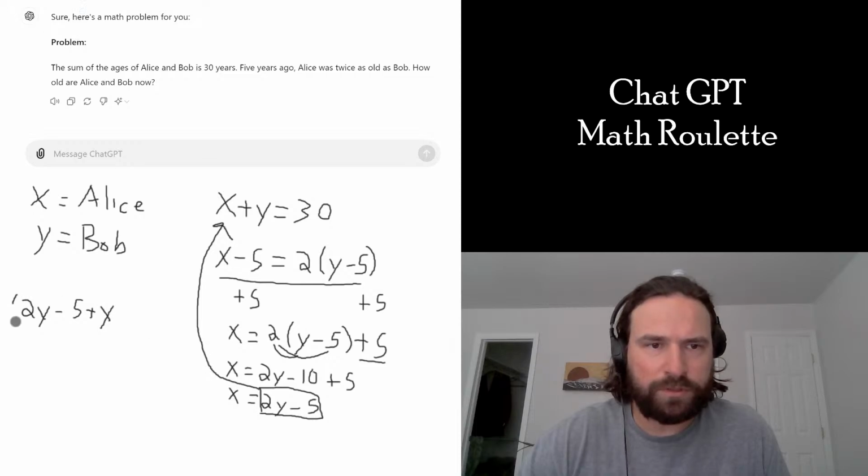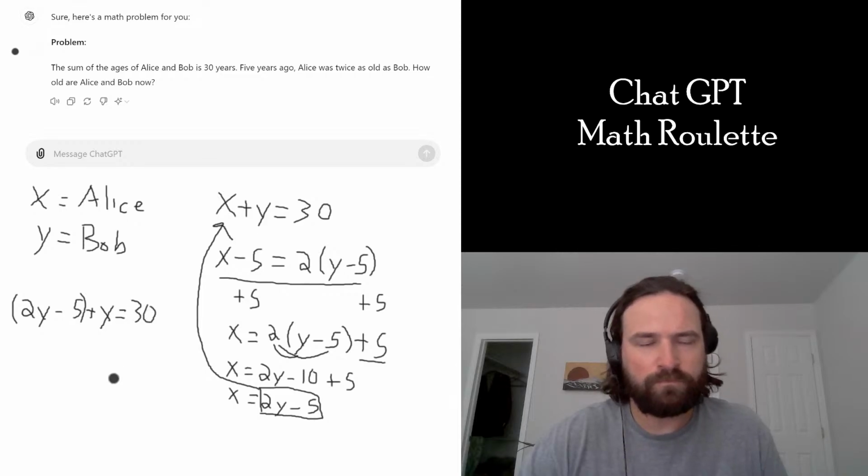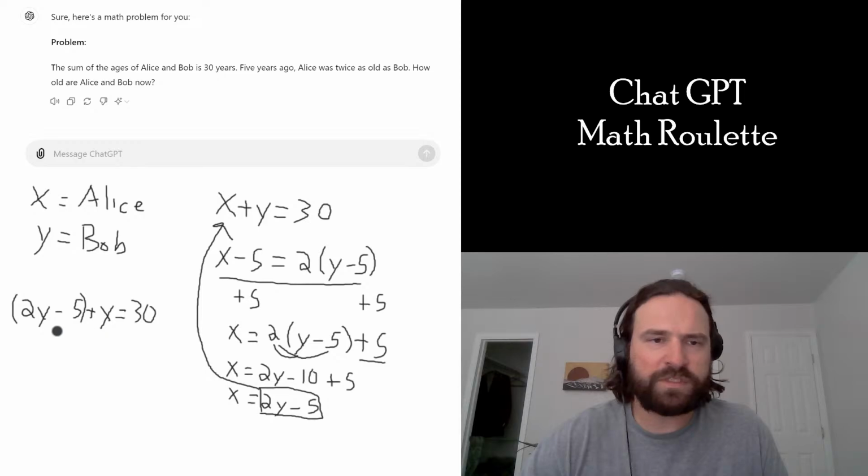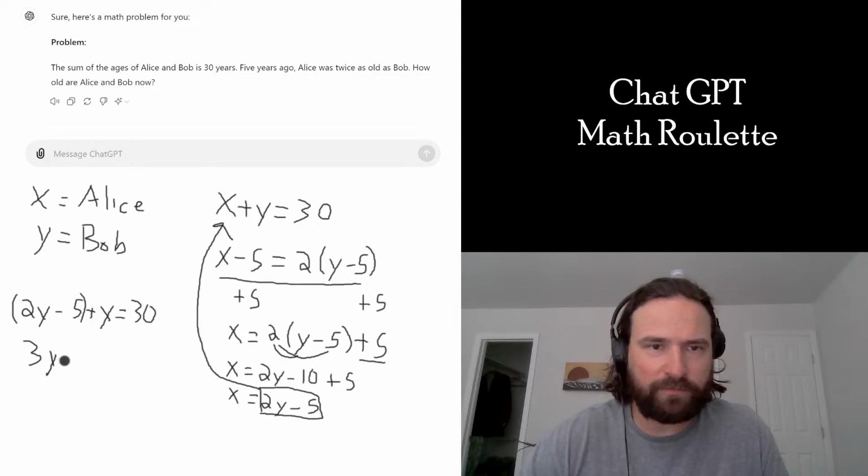So this is the 2y minus 5 going into the x plus y equals 30. These parentheses aren't really necessary. I just wanted to make it clear that that was the x that I was plugging in. So we can add 2y and y and get 3y minus 5 equals 30.